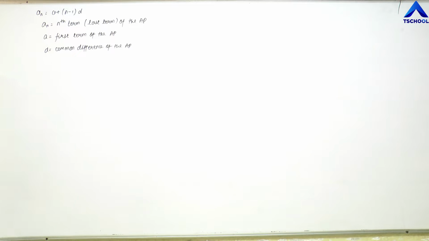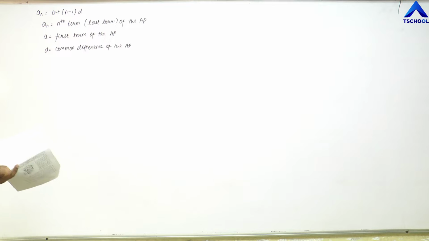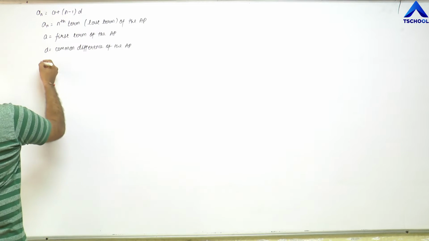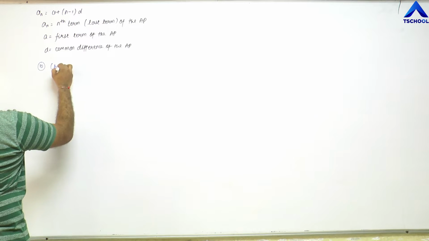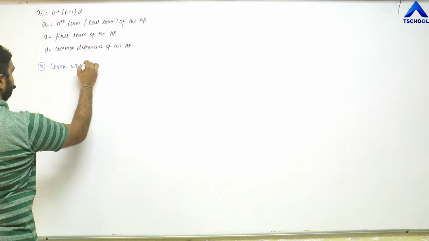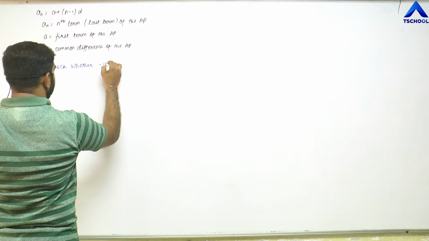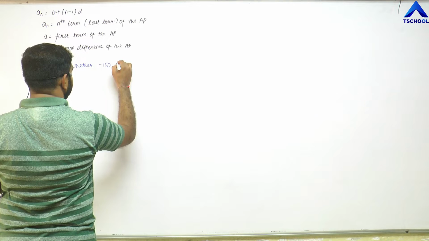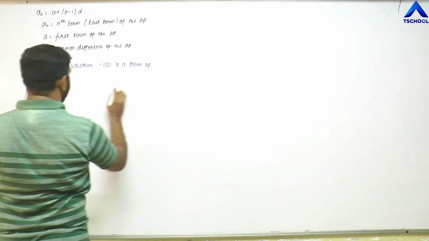Now here we are going to continue with the sums that we were solving. The question is, I think we were solving the 10th sum: check whether minus 150 is a term of the AP.